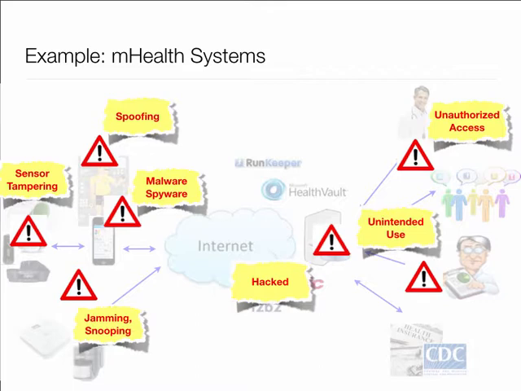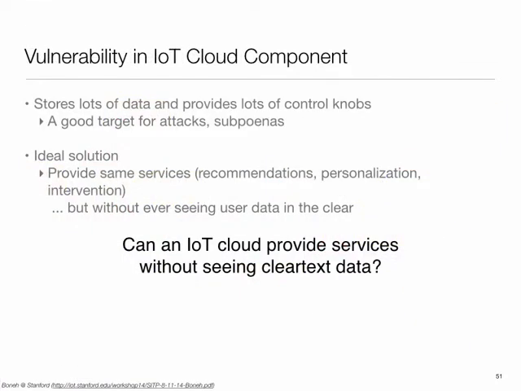There are plenty of interesting examples that have emerged in recent years where attacks on the sensors have led to some pretty dramatic things. So the vulnerabilities in the IoT system can reside in any one of those three layers.